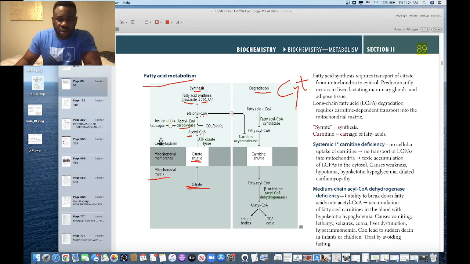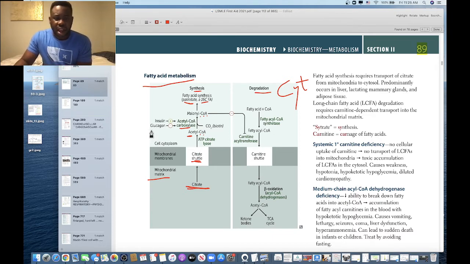Now let's look at the regulation of this. Excess insulin can stimulate this, in that insulin is helping to throw more glucose into the cell, right? Meaning that if we can use glucose to make the citrate, then insulin is helping us to absorb glucose, and we can use that glucose substrate to make fatty acid.